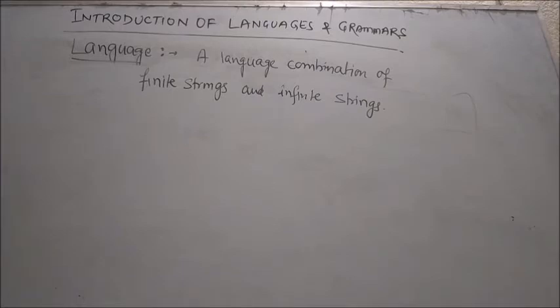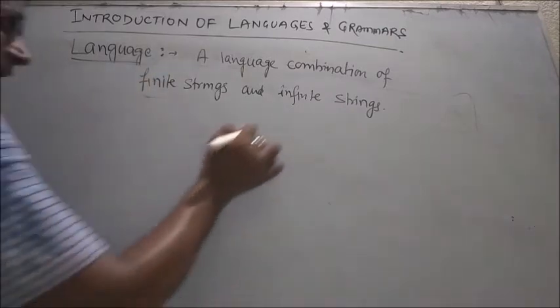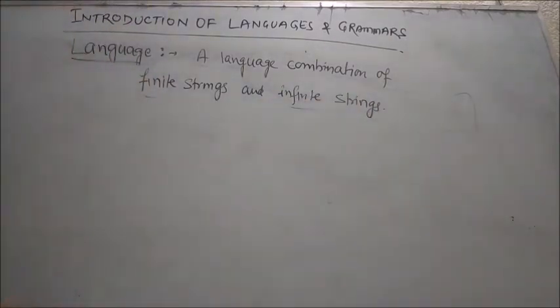When a string is accepted by a machine, then that string can be called a language. Language is of two types: one may have finite strings, and it may have infinite strings. Let us talk about an example of finite strings.